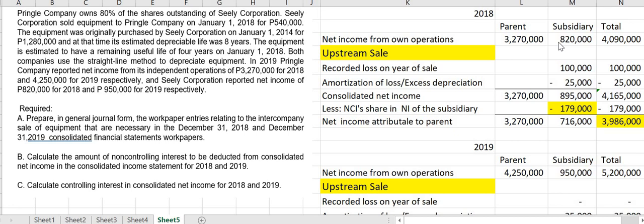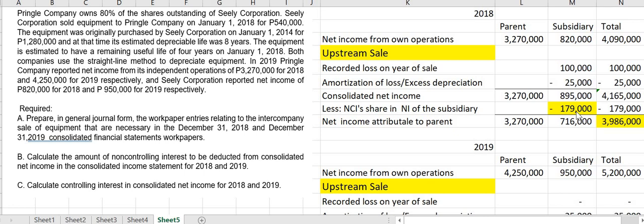And then, we are to eliminate the loss in the year of sale, diba? So, therefore, i-add back natin yung loss. And of course, we deduct the amortization of loss, which is actually 25,000. So, therefore, the adjusted net income of the parent is 3,270,000, and then the adjusted net income of the subsidiary is 895,000. So we have consolidated net income of 4,165,000.